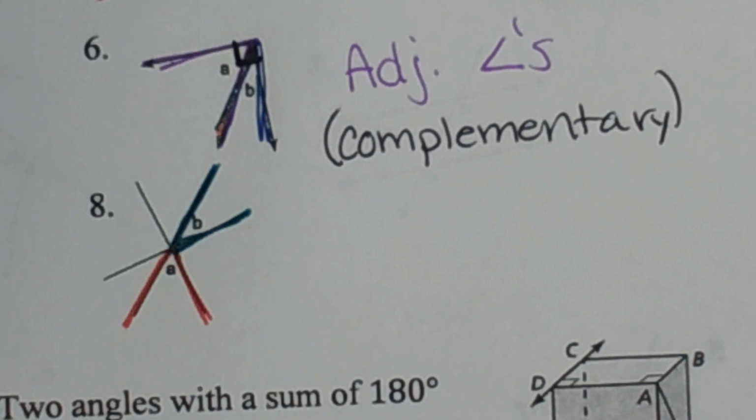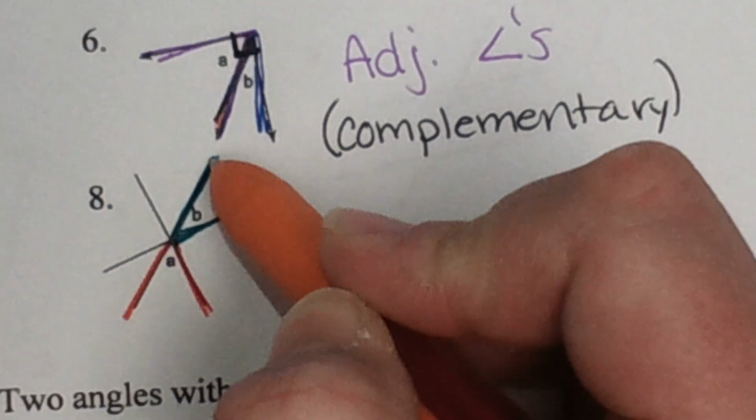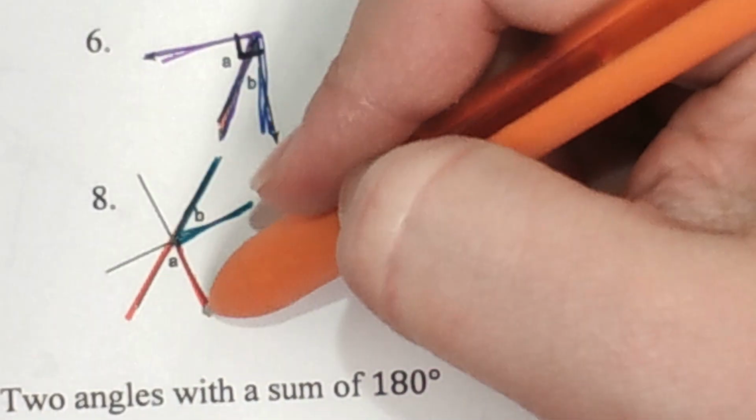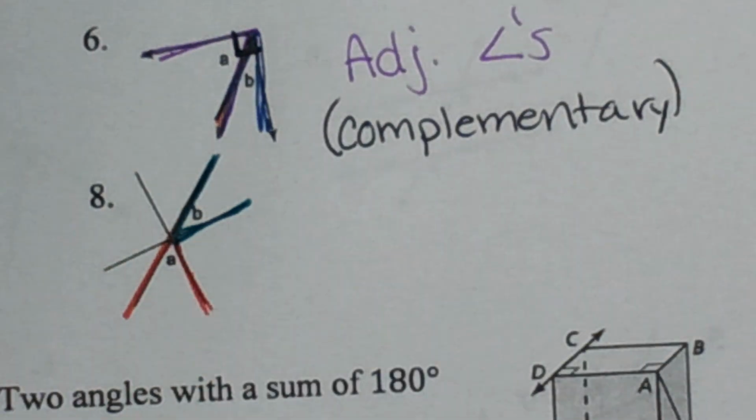And if they're not adjacent, can they be a linear pair? No. Are they vertical angles? Do they make a perfect X? Emphasis on perfect X. No. Well, this makes one straight line. This one cuts off. This one cuts off.